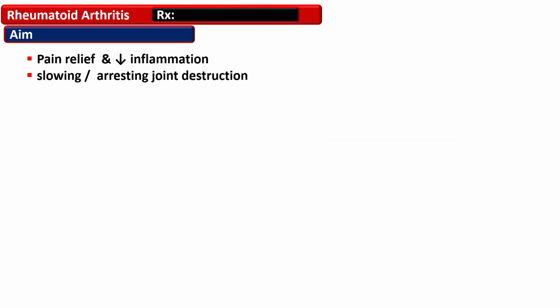The aim of treatment for rheumatoid arthritis is to decrease the pain and decrease the inflammation or to slow or arrest the destruction of the joint.